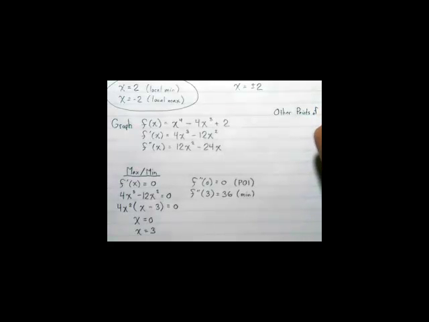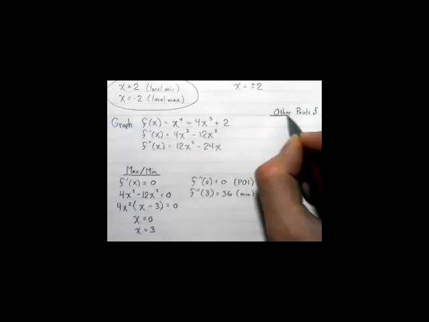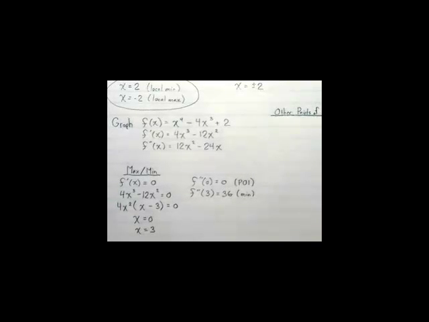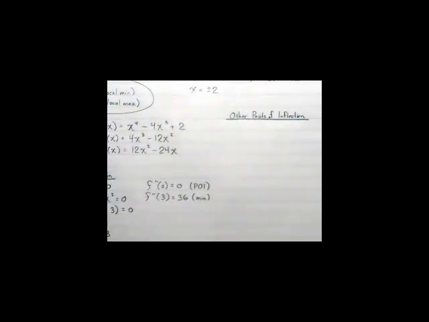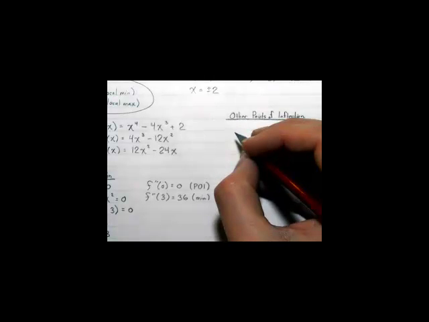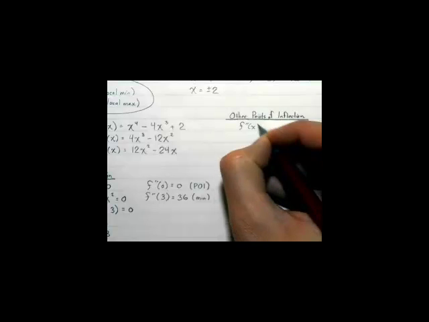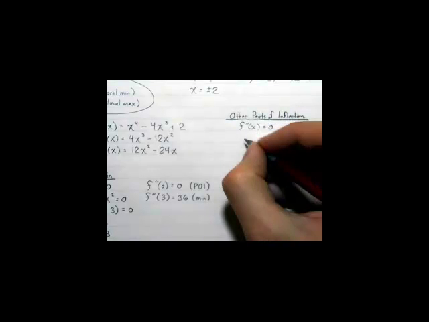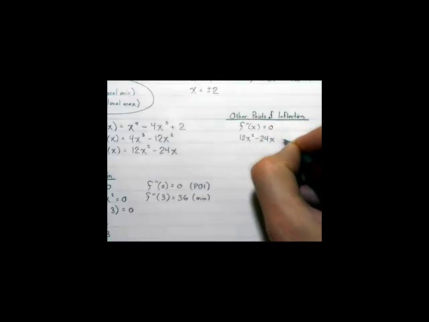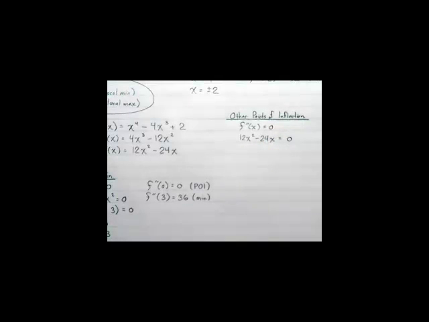So how would I search for other points of inflection? Right. So this is going to be where the second derivative is equal to 0. So 12x squared minus 24x equals 0. Okay.